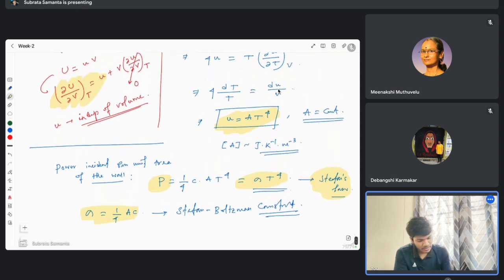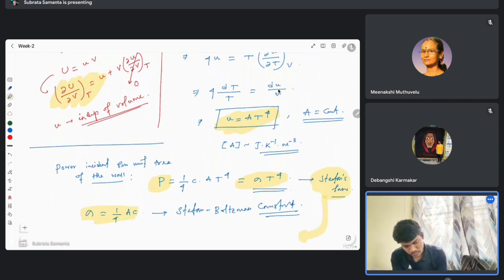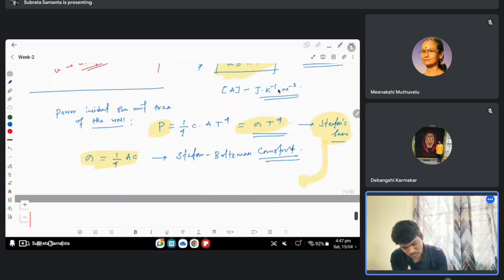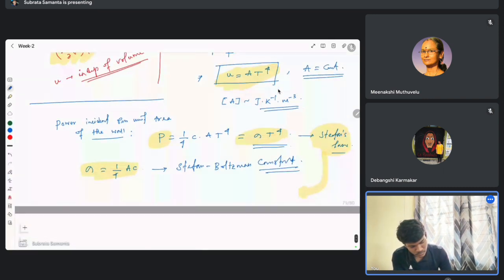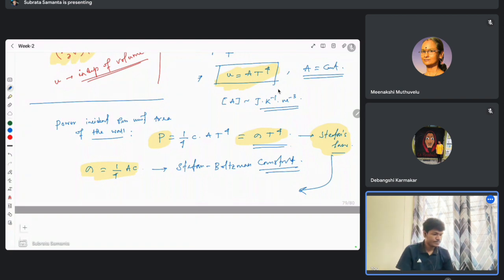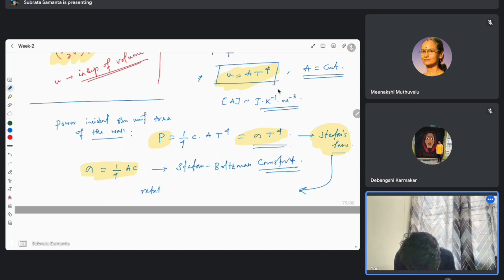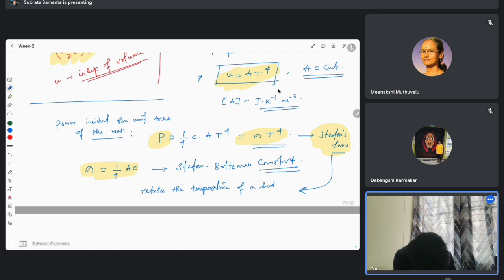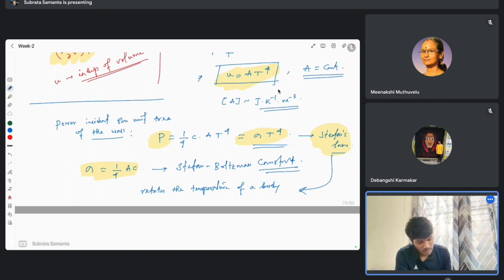So Stefan's law relates the temperature of a body to the energy flux radiating from it.